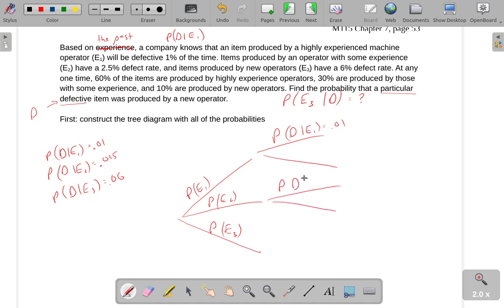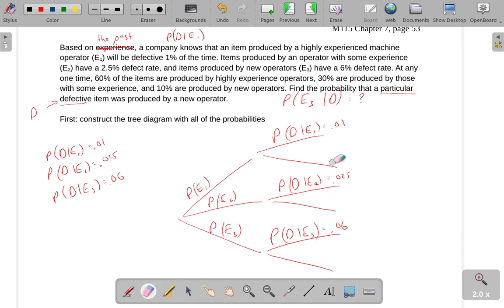Similarly, the probability of D given E2 is 0.025, and the probability of D given E3 is 0.06. Now, I could fill in more of these numbers. I could fill in the probability of D complement given E1, D complement given E2, and D complement given E3.